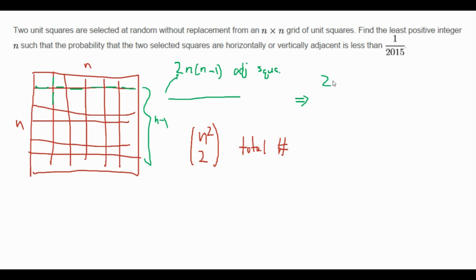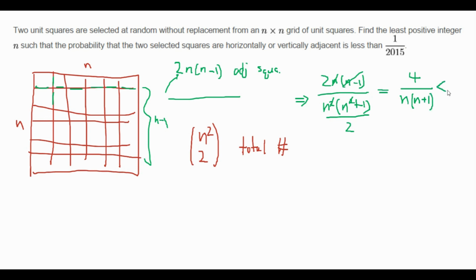And this is simply 2n times n minus 1 over, expanding the bottom into algebraic form, n squared times n squared minus 1 over 2, which simplifies into 4 over, well, we have an n cancel out with one of these n's, n minus 1 cancels with the n minus 1 here, leaving n plus 1. So we're left with 4 over n times n plus 1.